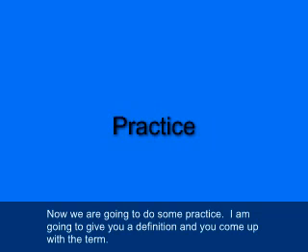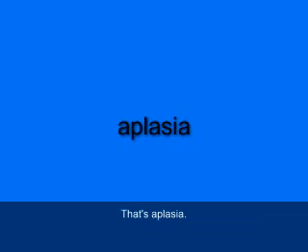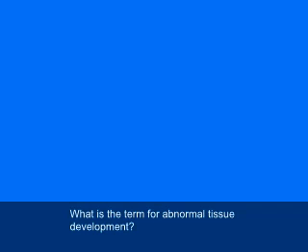Okay, now we're going to do some practice. I'm going to give you a definition, and you come up with the term. What is the term for the congenital absence of an organ or tissue? That's aplasia. What is the term for abnormal tissue development?